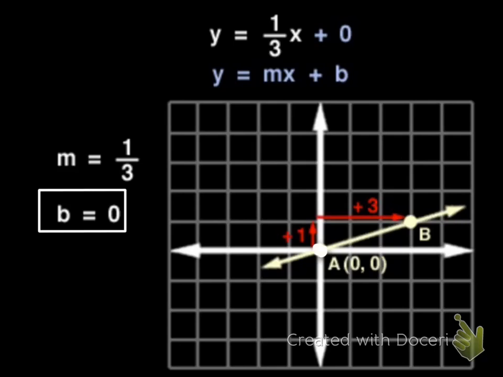Now, we need to go up 1 and over 1, 2, 3. Our slope is up, over, rise over run. So now I have my next point, and I'll connect it.